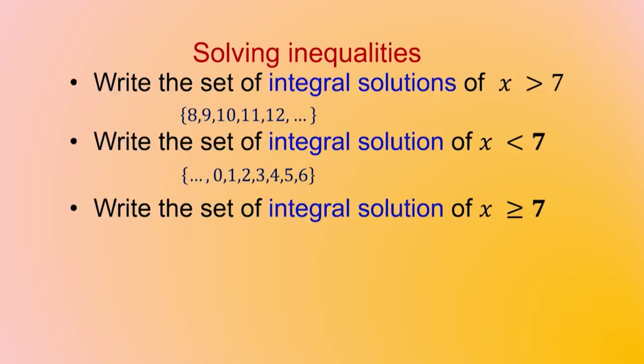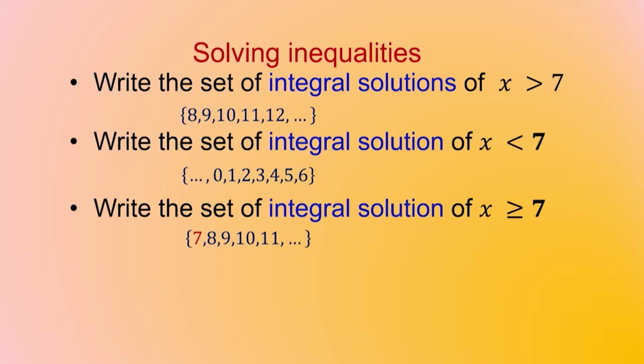Then move to the next example. Write the set of integral solutions of x is greater than or equal 7. Here x is equal to 7, and also x is greater than 7. How to write that? Yes, you have to write 7 also.